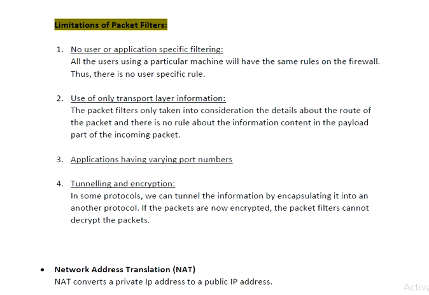The second one is the use of only transport layer information to identify the application layer information. The packet filter only takes into consideration the details about the header of the packet, and there are no rules about the content in the payload part of the incoming packet.